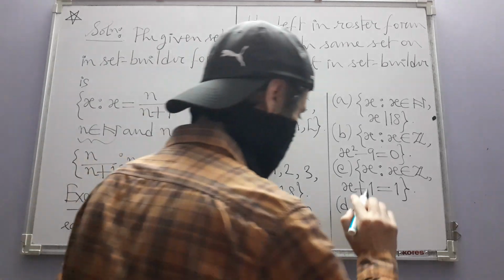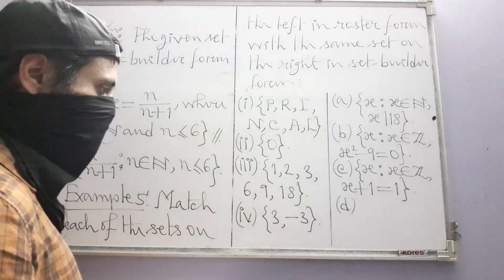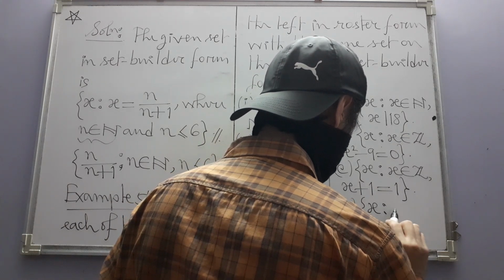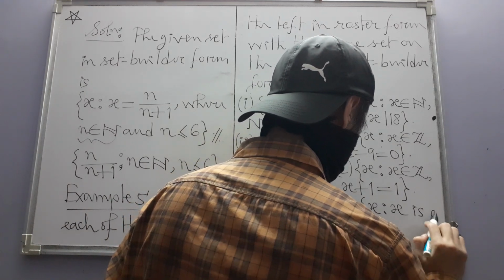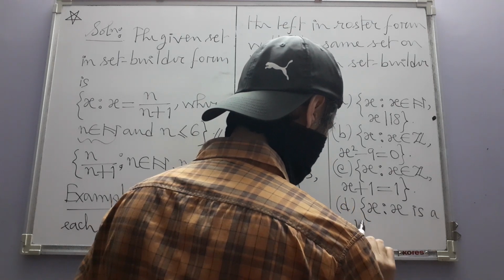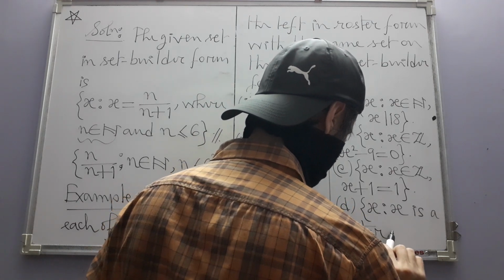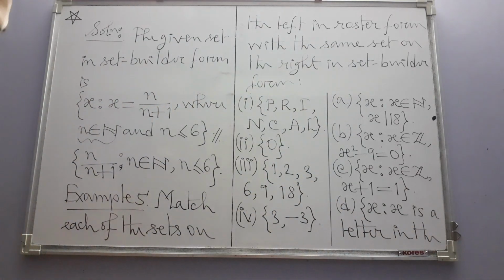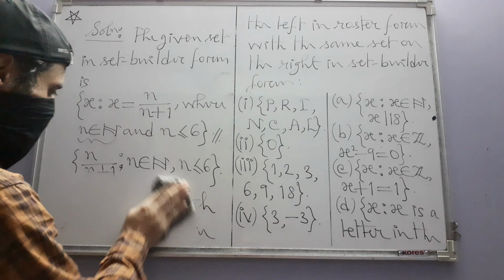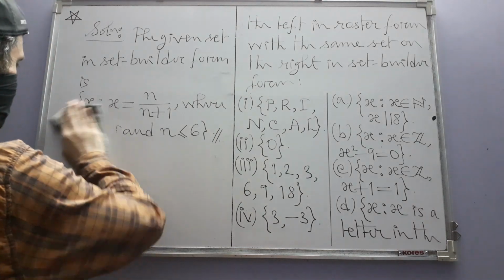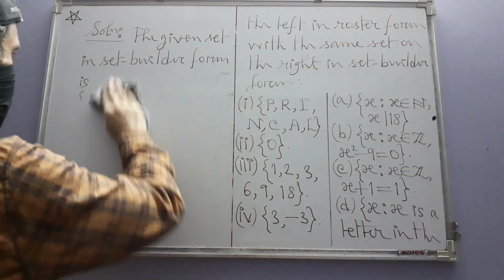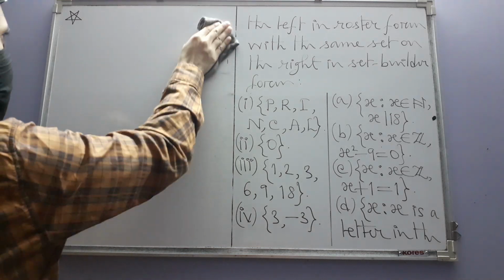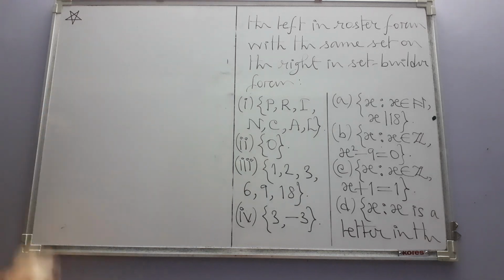But now can I manage in this small space? x such that x is a letter, of course not. In the word, I have to go on that side. Let me just simply continue D from here.